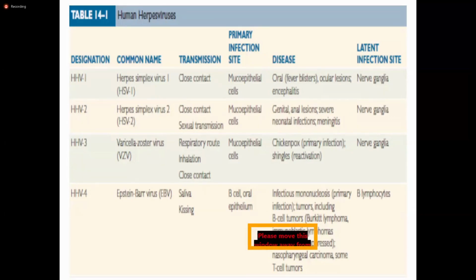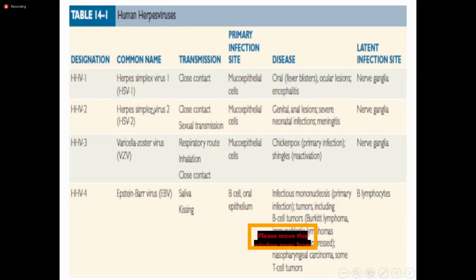They cause oral fever blisters, small vesicles near the mouth or inside the mouth on the mucous membranes. They infect the eye also, which is very dangerous, causing ocular lesions, and they may cause encephalitis. The latency is in the nerve ganglia, in neural cells.